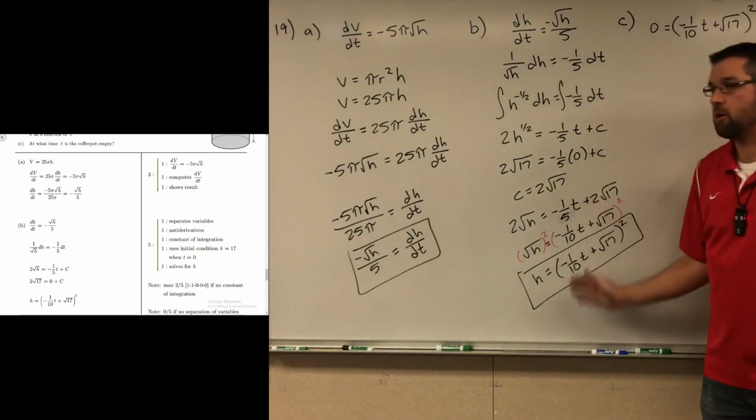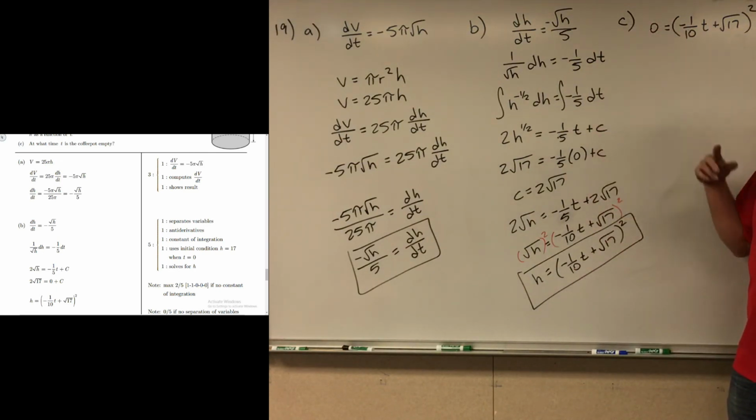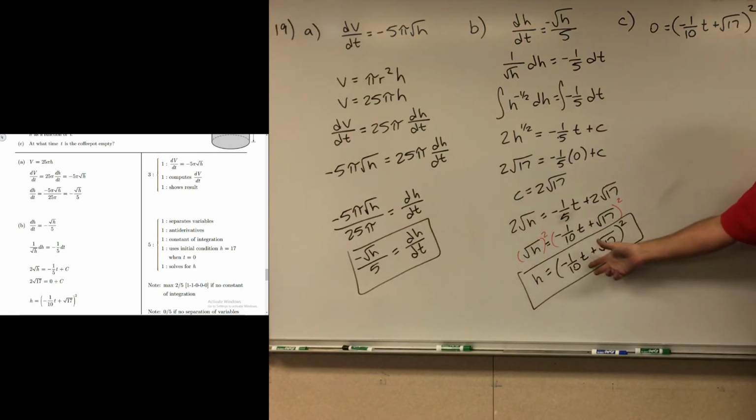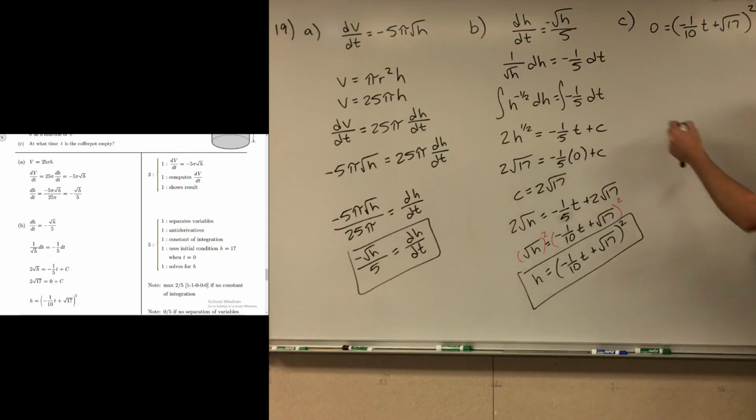If you don't know how to do part B, you're stuck on part C, but don't let that do that to you. You go, okay, if I don't know what the h function is, I'm going to make one up. I'm going to say, let h equal 3t, whatever it is. Then you say, okay, I know h is supposed to be 0. So plus 5?